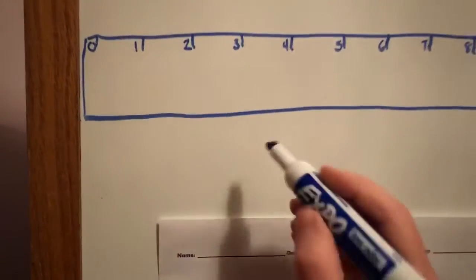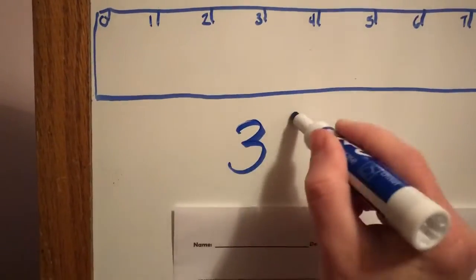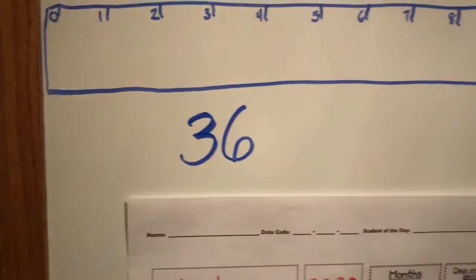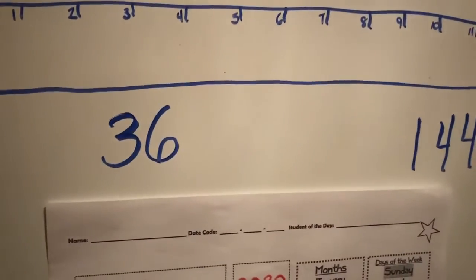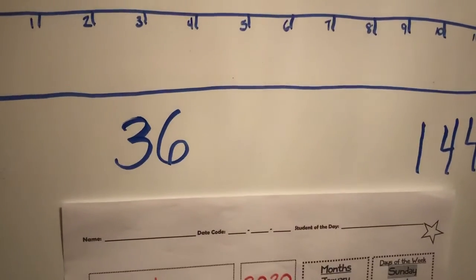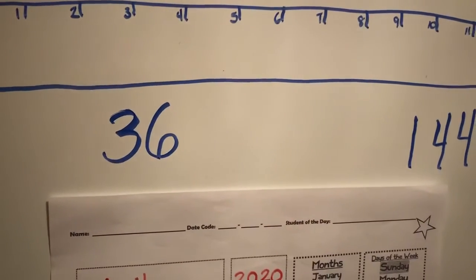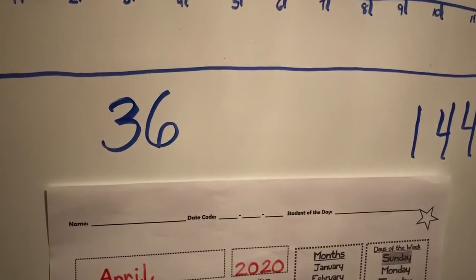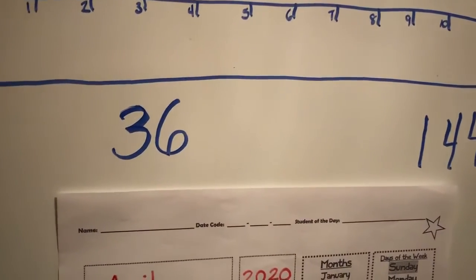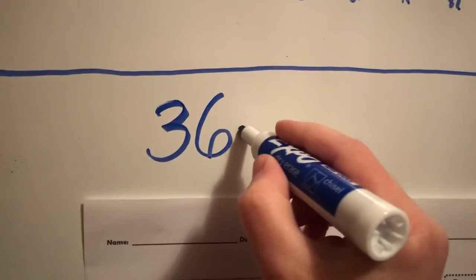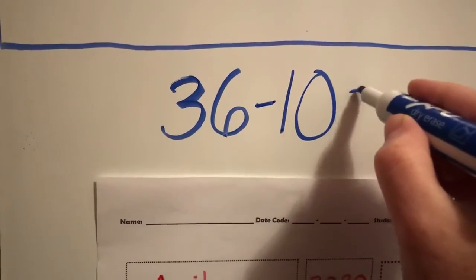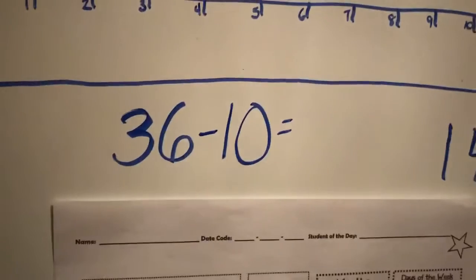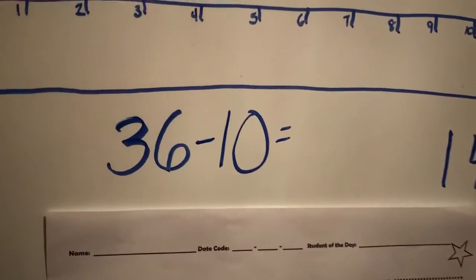Dakota has 36 pennies, and Haley has 10 fewer pennies than Dakota. Would that be plus 10 or minus 10? If she has 10 fewer, you're right, we're going to take 10 away, and we want to know if she has 10 fewer than Dakota, how many pennies does Haley have?